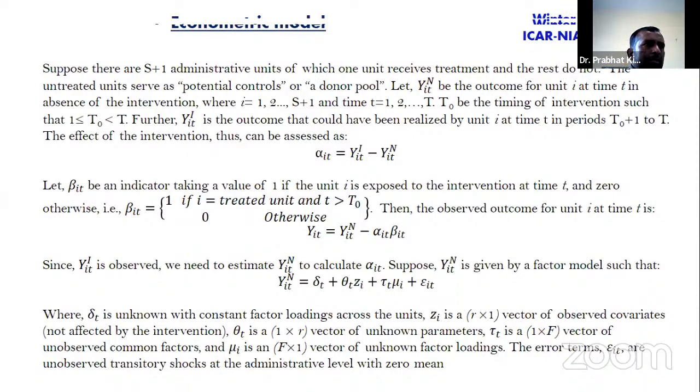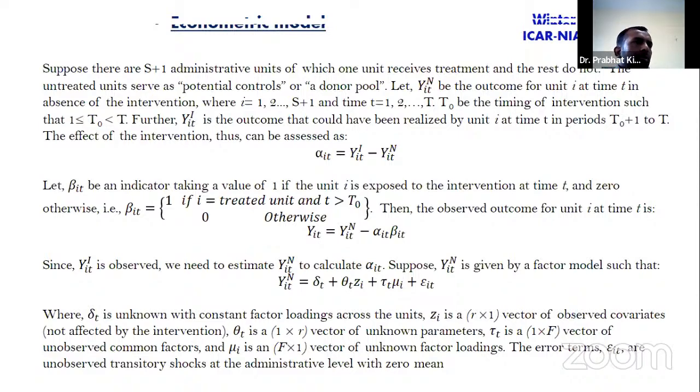Here I will tell you in a very simple way: we have considered Punjab as the treated unit, and the other 16 states in the donor pool. Punjab got the treatment in 2009, and after that we need to estimate the impact.